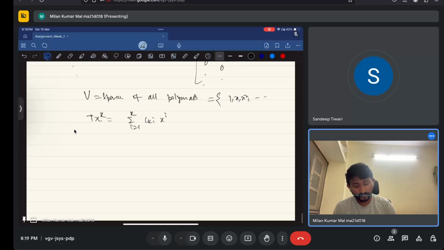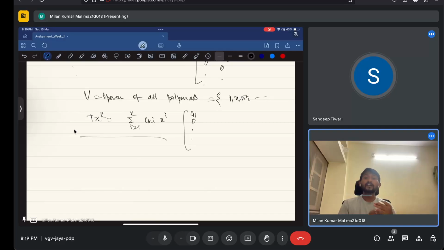For example, in the matrix representation where k is 1, the first term will be c_1,1 and all other entries 0. If we consider it an infinite order matrix, the upper diagonal elements will be non-zero, but the lower diagonal elements will be zero. So it is a triangular matrix, right?